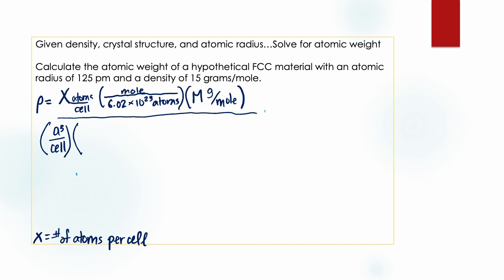We're going to say 4R is equal to YA, and we got to cube that, and Y is equal to square root of 2 for FCC and square root of 3 for BCC.